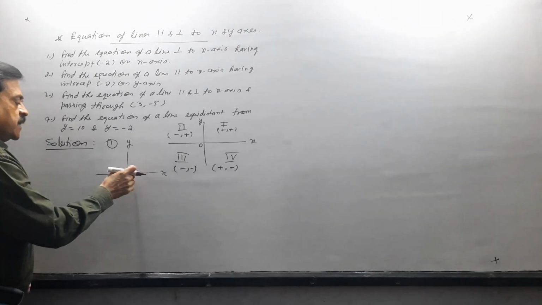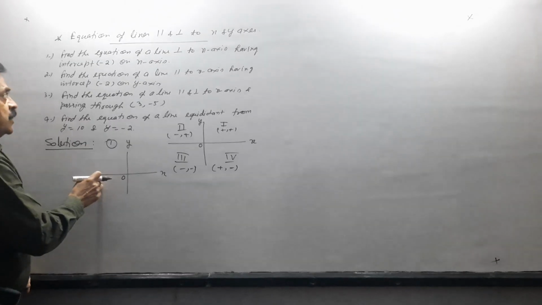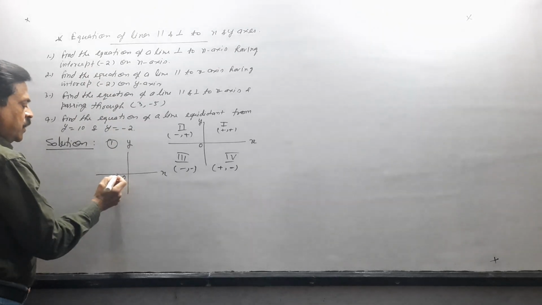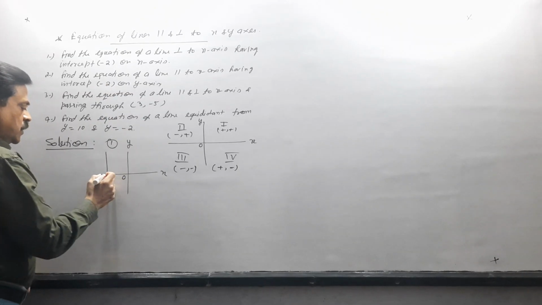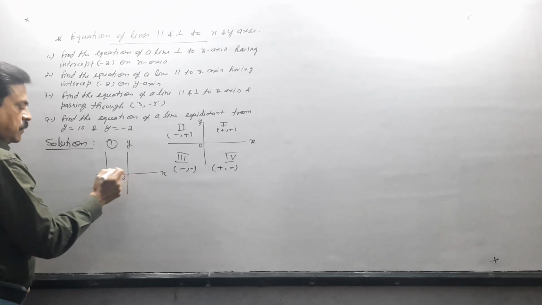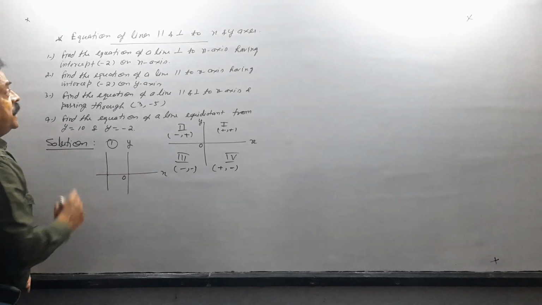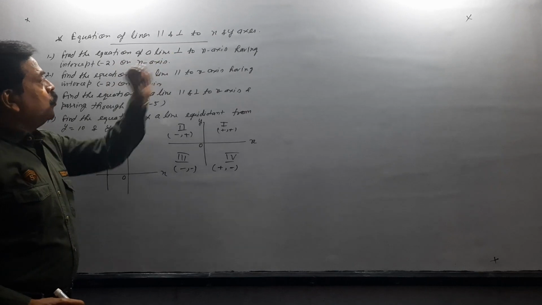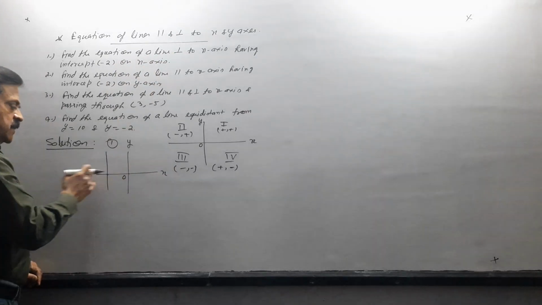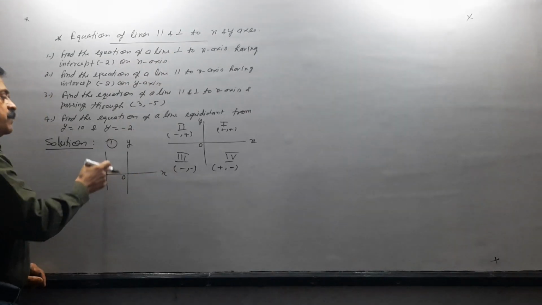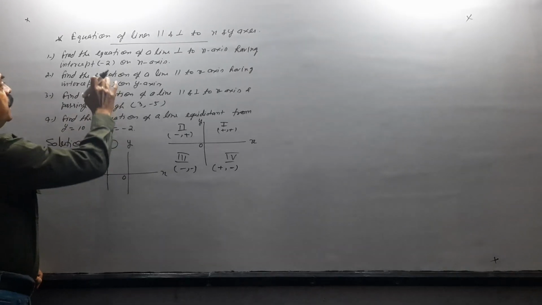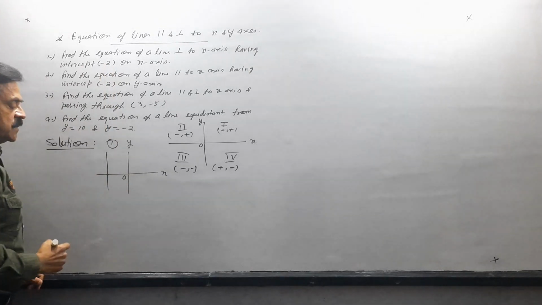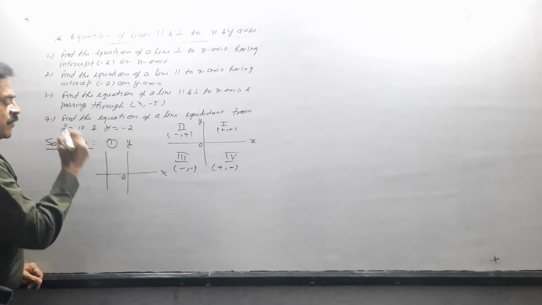Negative values on x-axis are measured in the left of origin. So -2 means 2 units. Suppose this distance from origin is -2, and the line is perpendicular to x-axis and making intercept -2 on x-axis. -2 means in the left of origin.